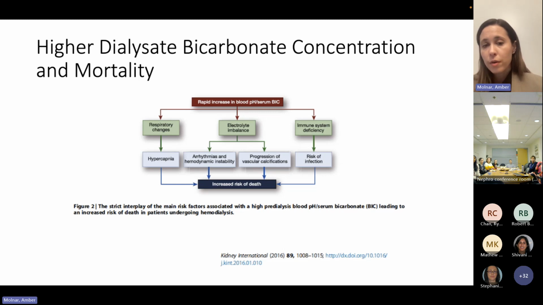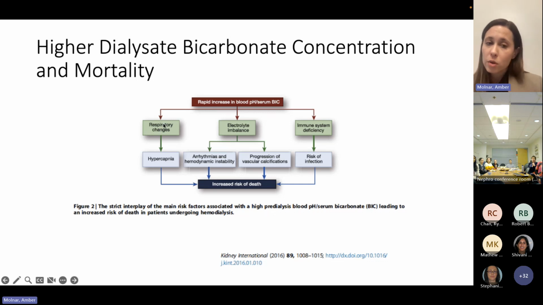So as I've shown, there is a rapid increase in the pH and serum bicarbonate concentration during the dialysis session with the use of these high dialysate bicarbonate concentrations, which are quite common in clinical practice. And these large changes in induction of metabolic alkalosis may potentially increase patient morbidity and mortality through these proposed mechanisms.